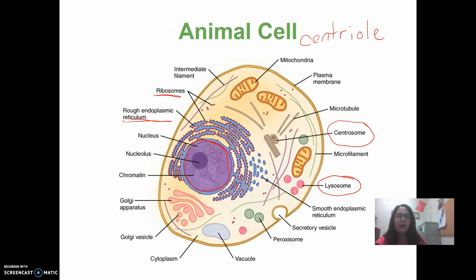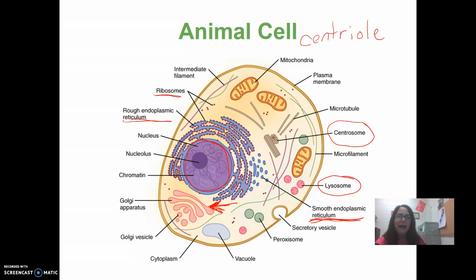So the rough endoplasmic reticulum is like a little factory that helps fold the protein into the correct shape. And then we also have smooth endoplasmic reticulum, which produces carbohydrates and lipids in the same way, like a little factory. And then no matter if it's a protein or a carbohydrate or a lipid, it ends up in the Golgi apparatus, which modifies and packages the product, whether it's a protein or lipid or a carbohydrate.